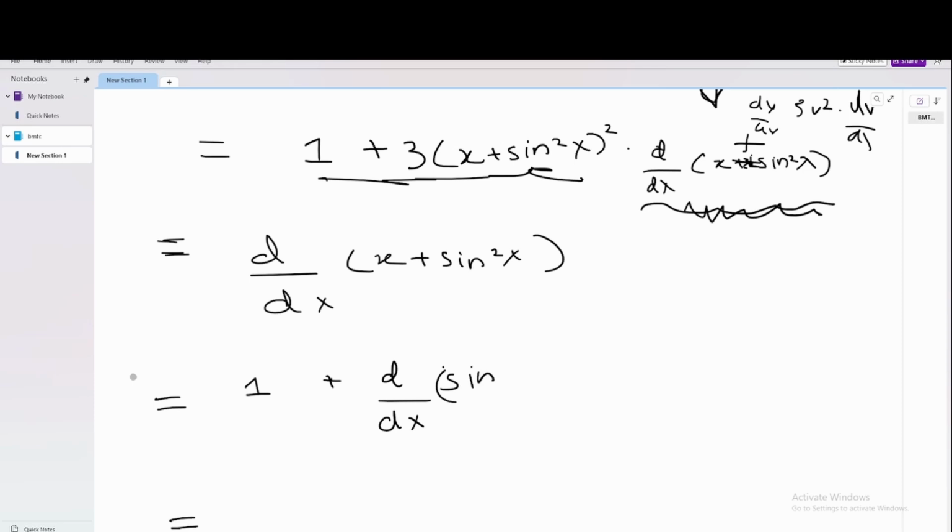Sine square x can be written as (sine x) whole raised to square. Again we use chain rule.